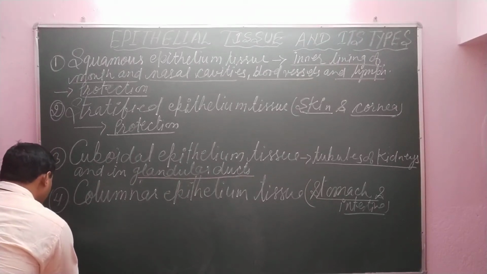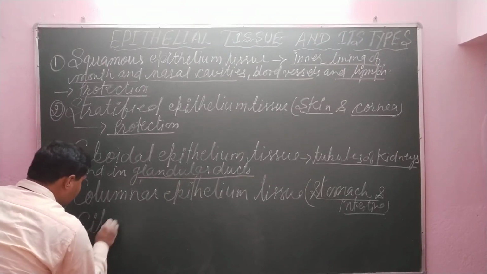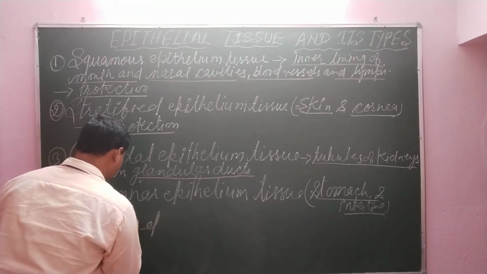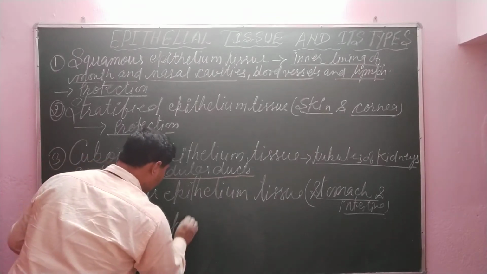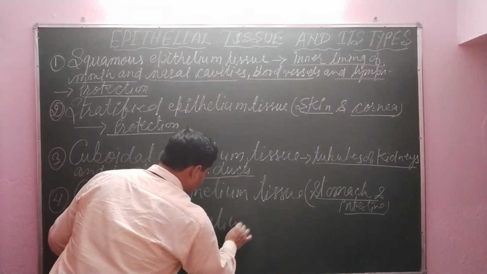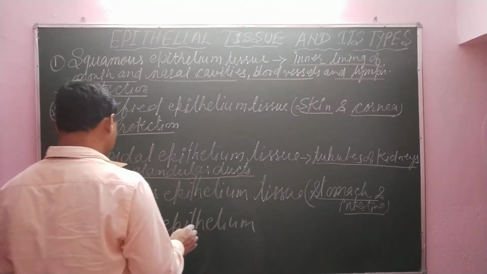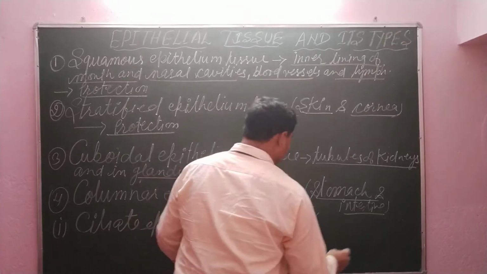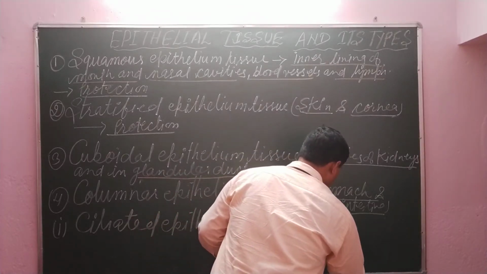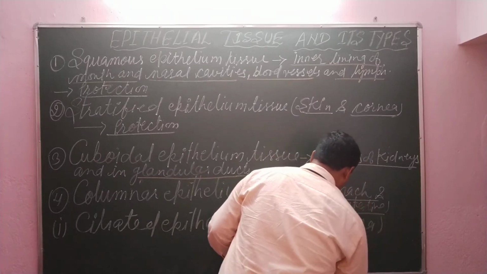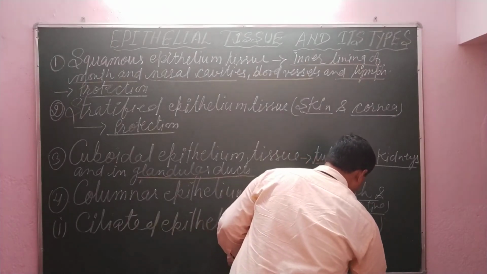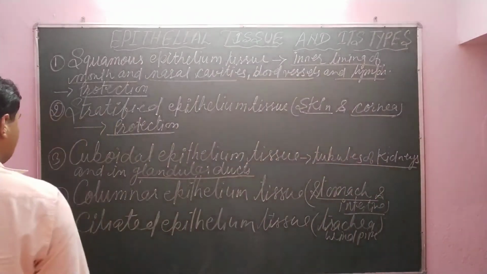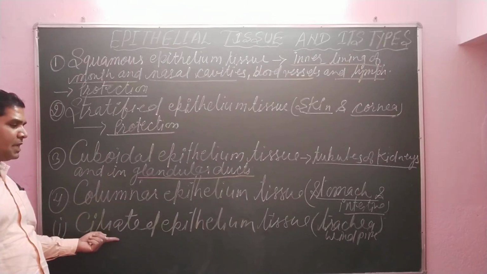First is ciliated epithelium tissue. It is present in the trachea or windpipe. So dear student, the first type of the columnar tissue is the ciliated epithelium tissue.